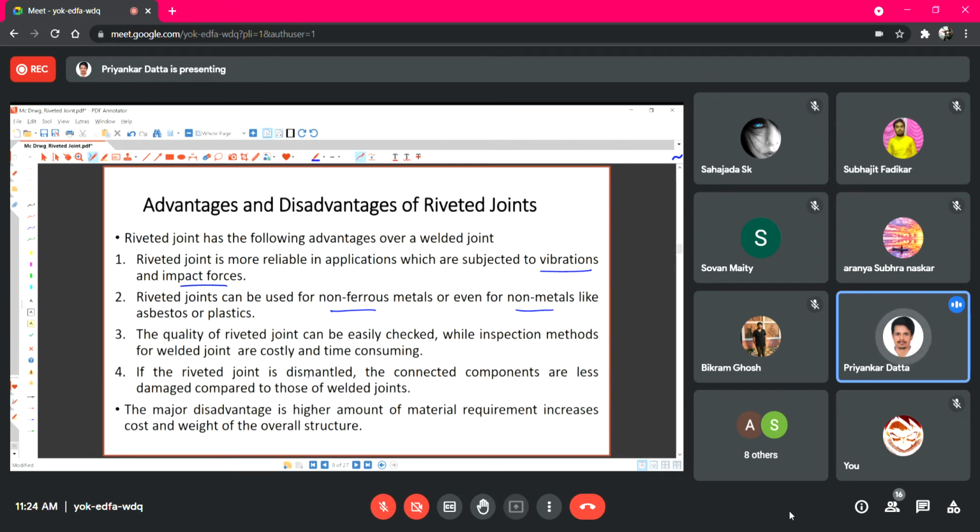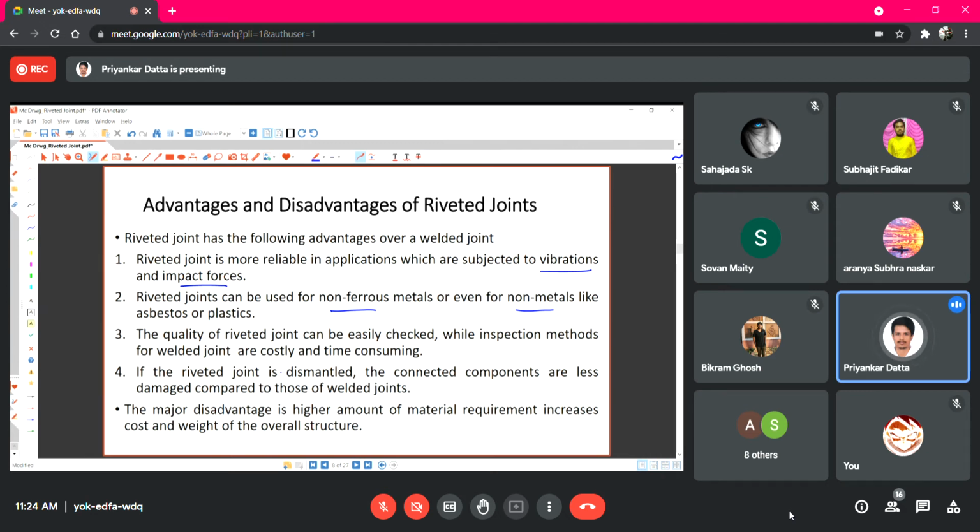And also if for some reason we have to dismantle the riveted joints, it is easier, since only the rivet will be broken out, and then we can easily separate the two plates or two parts that are joined using that rivet.